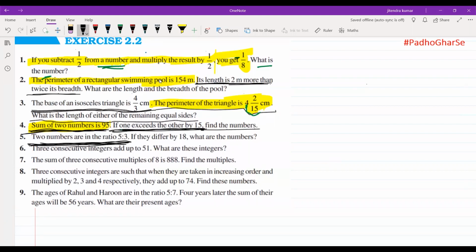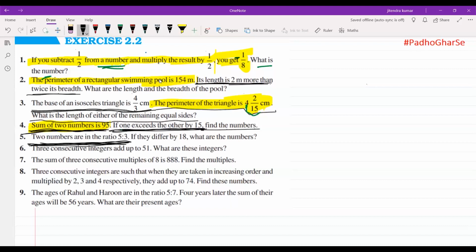You need to understand this, because there will be many questions based on the same line, where ratios will be given. Not only in 8th class, but in the next classes also, you will find many questions like this, where ratios will be given and you have to solve them.